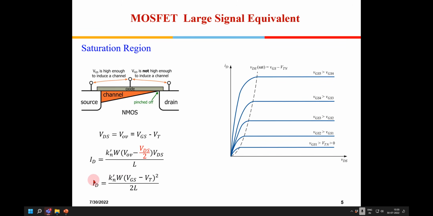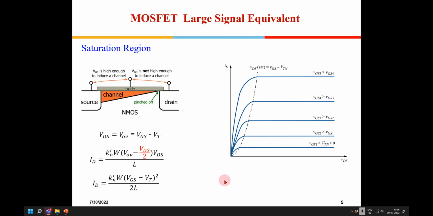So this current equation at the bottom is applicable for the saturation region for long channel devices. For short channel devices, one more component, 1 plus lambda VDS, is there. Now when I do circuit analysis, we just replace the MOSFET with its equivalent circuit, and then do normal electrical circuit analysis: Ohm's law, KVL, KCL.